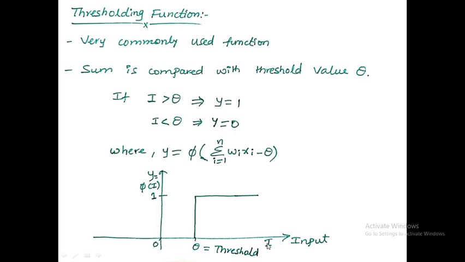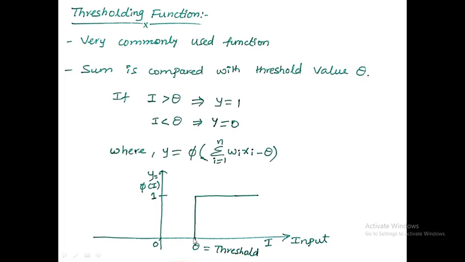So the weighted sum is on the x-axis, which is nothing but the input, capital I, which is summation i equal to 1 to n wi into xi. This is the weighted sum on the x-axis. So if you see here, this is I, the x-axis is capital I.